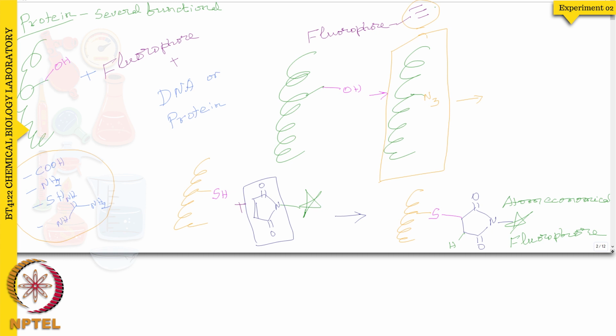Similarly, the reaction between the azide and the alkyne is also atom economical. I would like to stress again what an atom economical reaction is. Whatever atoms are present in reactant 1 and reactant 2 will be present in the product.